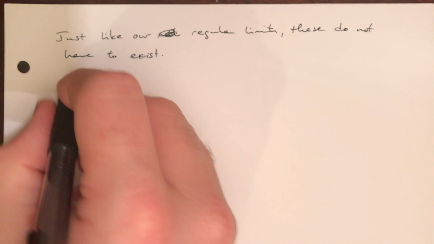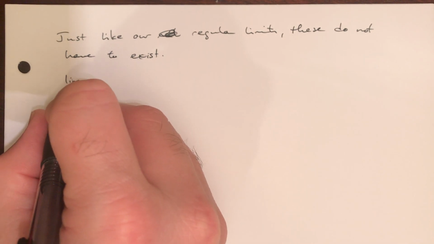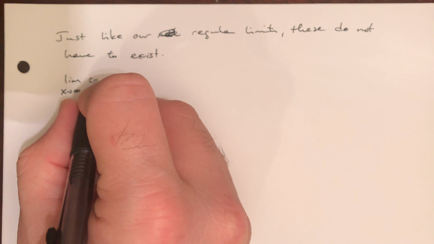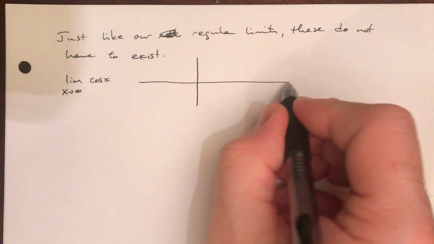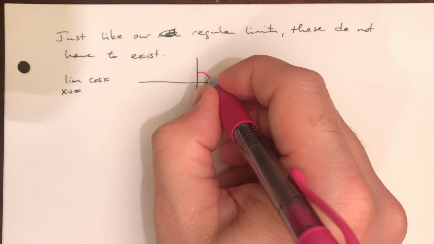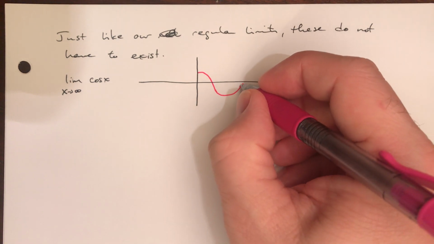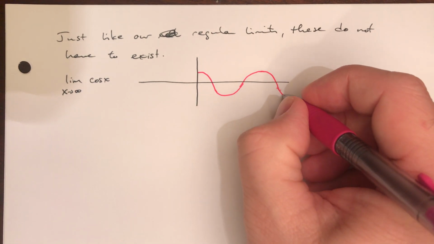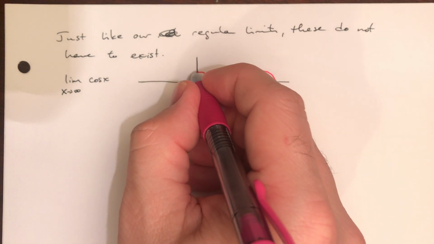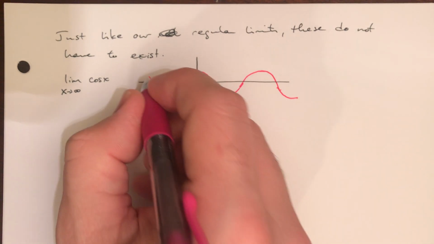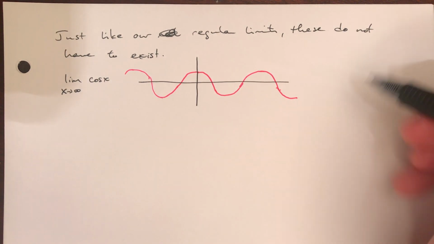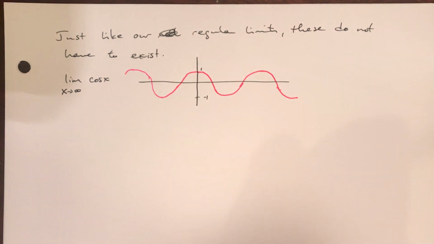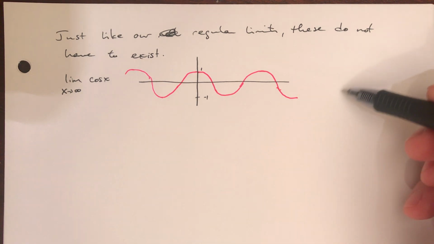For instance, if we look at the limit as x goes to infinity of the cosine of x, and we think about what the graph of cosine of x looks like, that's our typical periodic trig function. And this is going to simply bounce back and forth between -1 and 1, no matter how far we move over here to the right side.